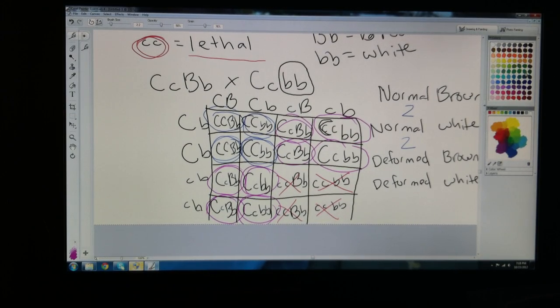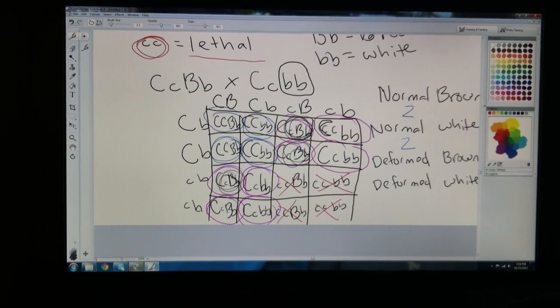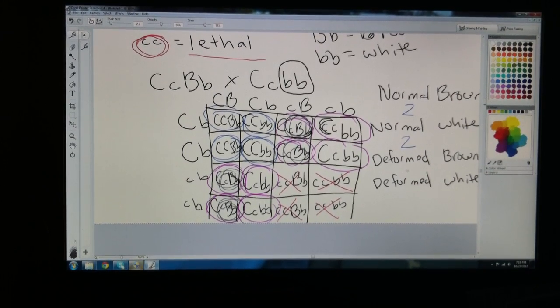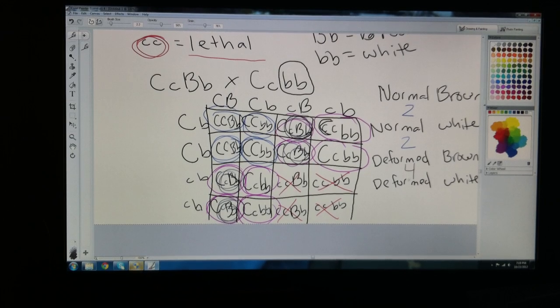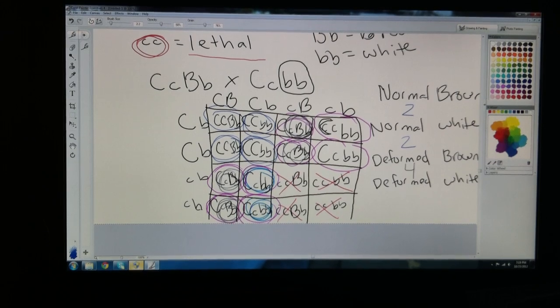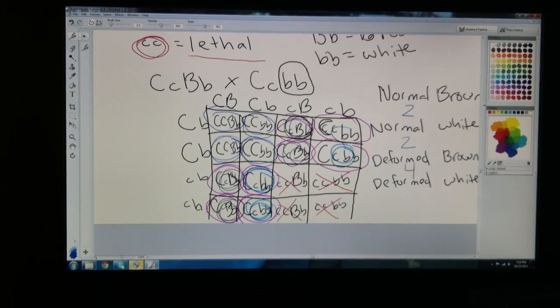So my brown fur ones are heterozygote for the B allele. So here is 1, 2, 3, and 4. So out of those, I have 4. And then if we look at how many have white fur, out of those we have 1, 2, 3, and 4.